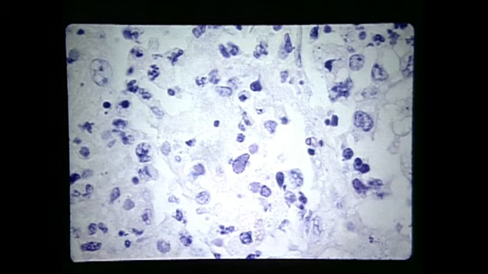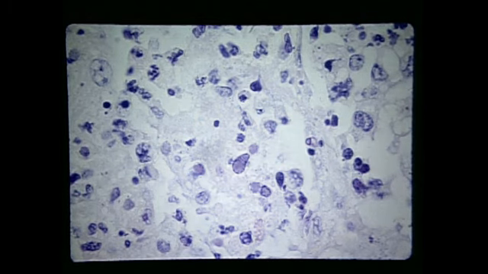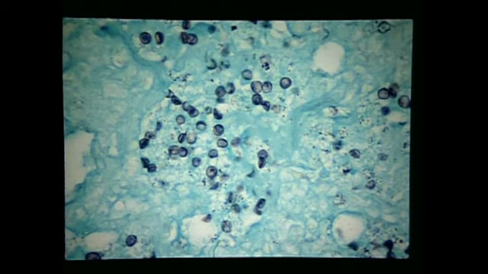Here is equine herpes virus being characterized by the presence of intranuclear inclusion bodies. So that can again be a cause in some instances of interstitial pneumonia.